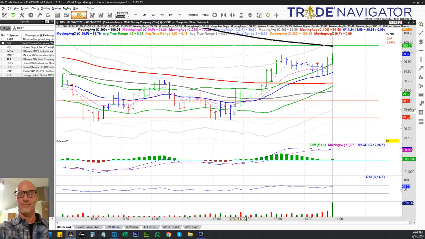So again, we close below the value zone. We must rally back into the value zone. We must have a pullback, which then reverses and forms a V1 or a V2. The important part of V1s or V2s is that we wash out the previous bar's low.